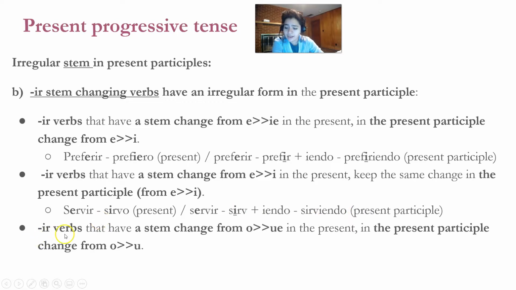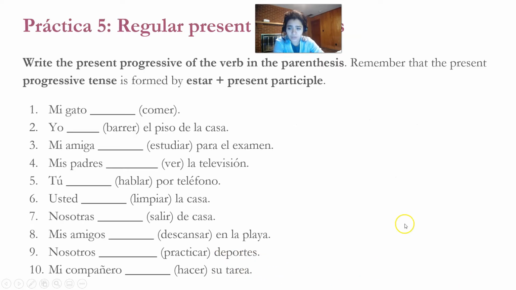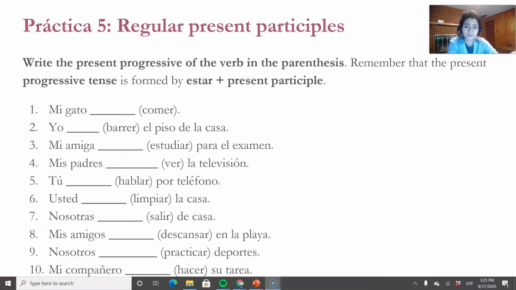Then we have IR verbs that have a stem change from O to UE in the present; in the present participle, they change from O to U. So for example, the verb dormir, in the present, it has a stem change from O to UE, and in the present participle, it has a stem change from O to U. Dormir, durmiendo.